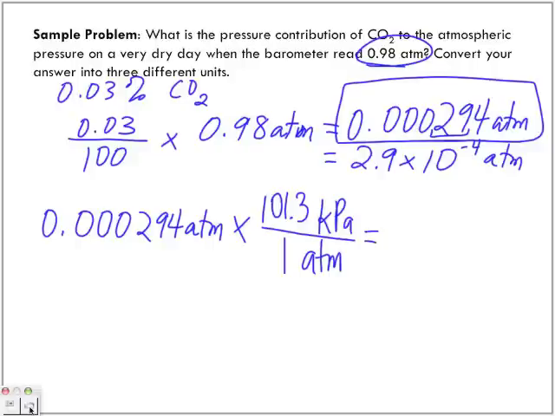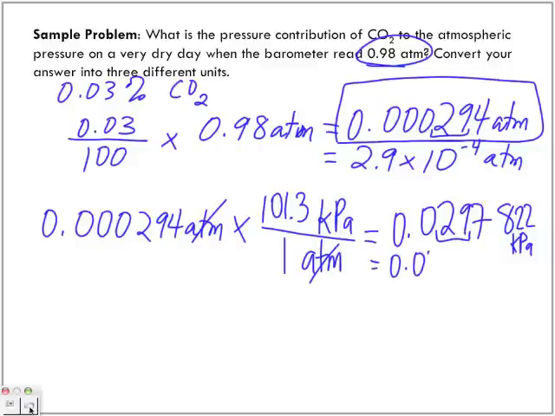When we multiply the two together, the atmospheres cancel out, and our answer will be in kilopascals: 0.0297822 kilopascals. But again, we want to keep two significant digits, so it becomes 0.030. The 29 becomes 30 because of the 7, but we keep an extra 0 to show two significant digits. So there is the answer from atmospheres into kilopascals.